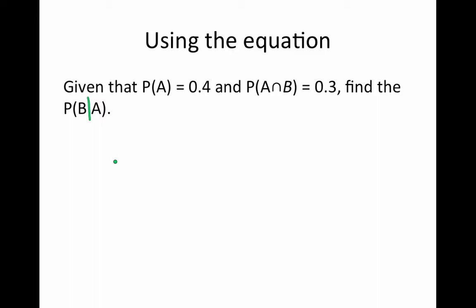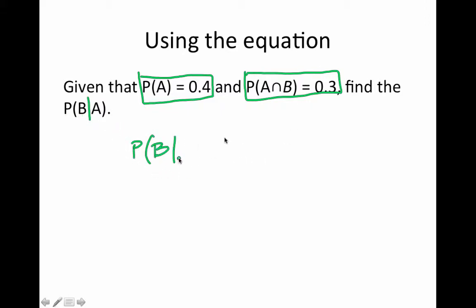Okay, so here's our example of just simply using the formula. We're given that the probability of A equals 0.4, and we're given that the probability of A and B is 0.3, and we want to find the probability of B given that A already happened.